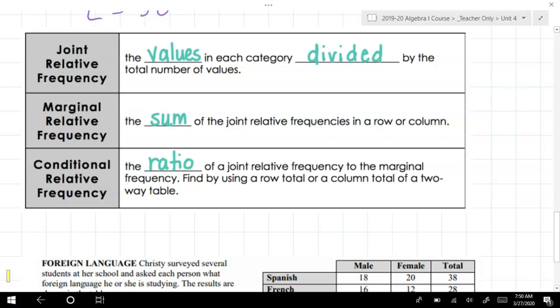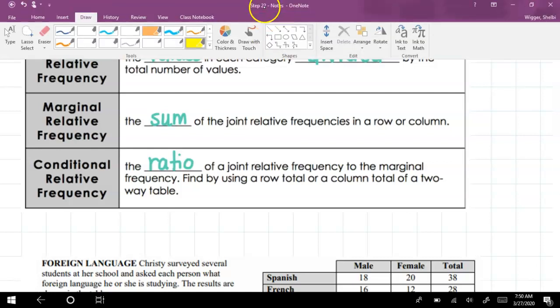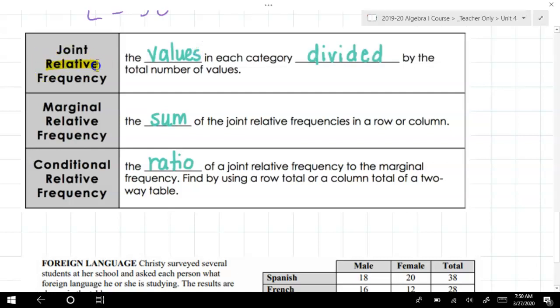Okay, now we need to talk about the terms. Again, same terms, now we're adding the word relative in. So, a joint relative frequency, word relative means percent. So now we're talking about all these numbers, but now in percents.